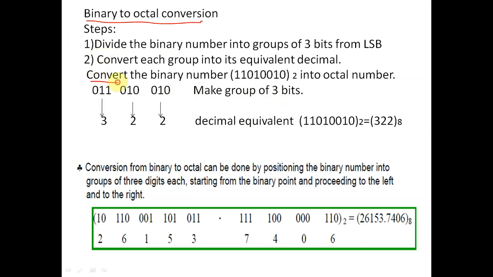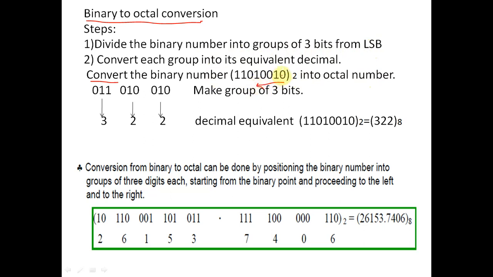These are the examples. Convert the binary number 11010010 into an octal number. The first step is to make groups of 3 bits from the LSB.